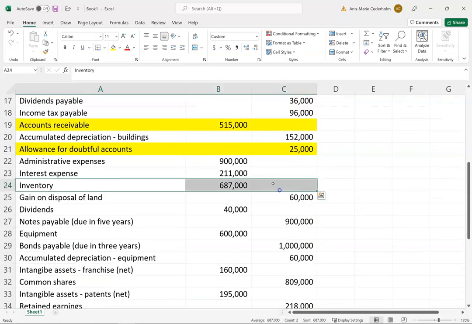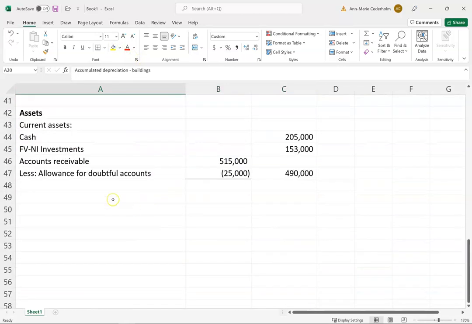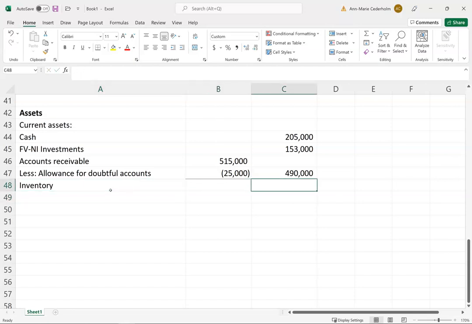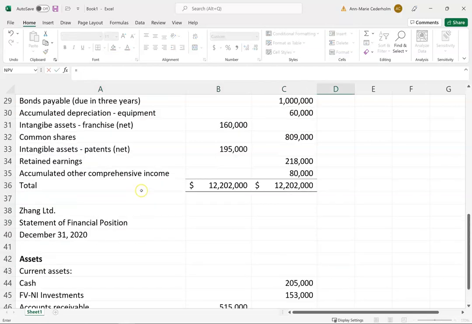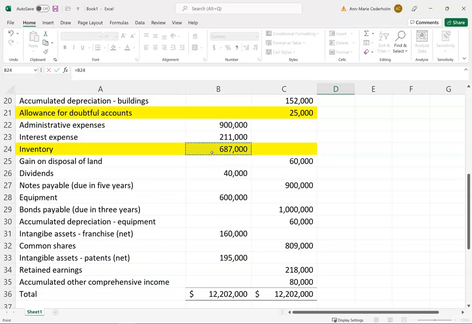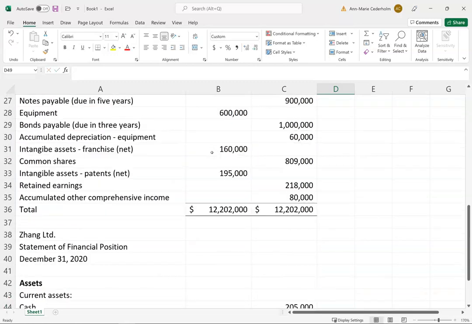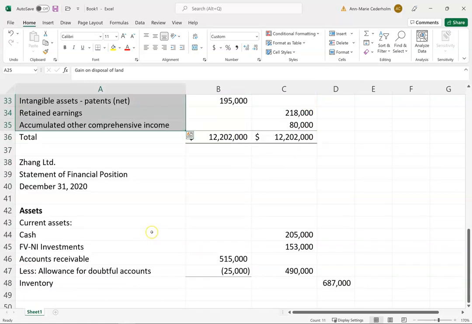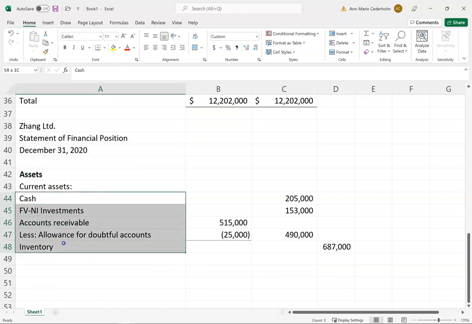And then I see inventory, so I'll go ahead and put that one down. And that's $687,000. And if I look through the rest of these, I don't see any other current assets. So I want to actually just indent these a little bit.